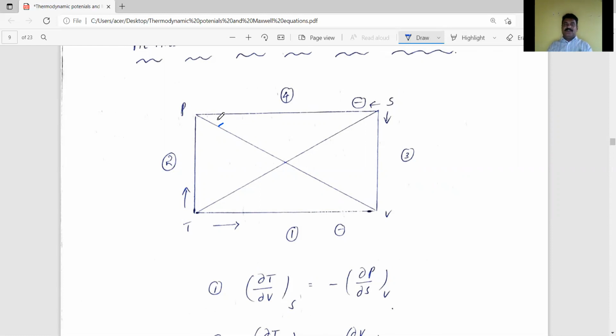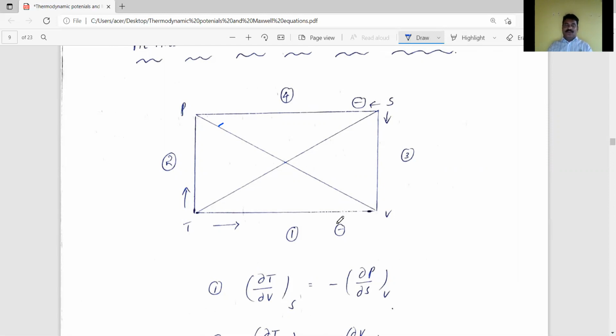So this diagonal should be named PV, and this diagonal should be named TS. You had the PV diagram and TS diagram in the previous chapter.